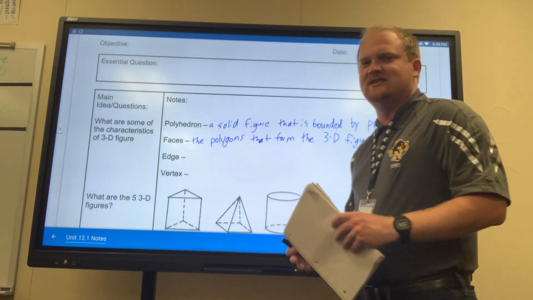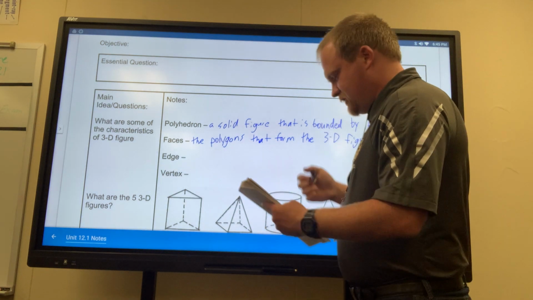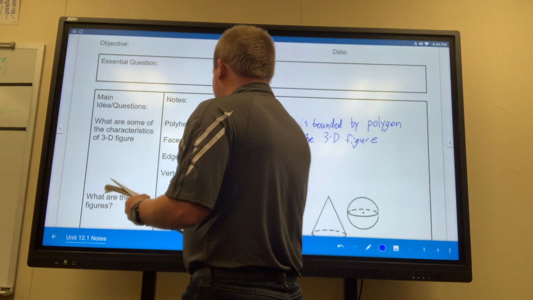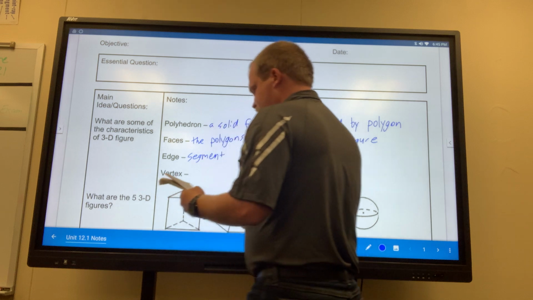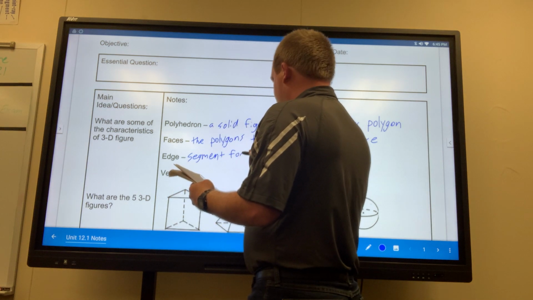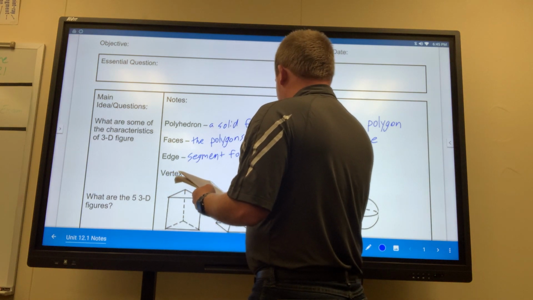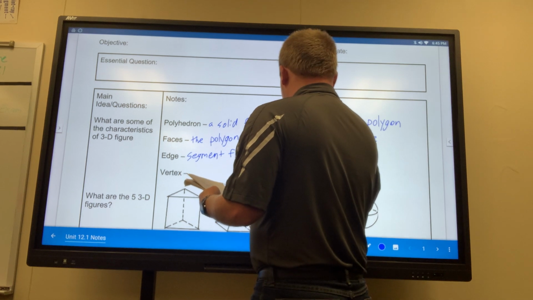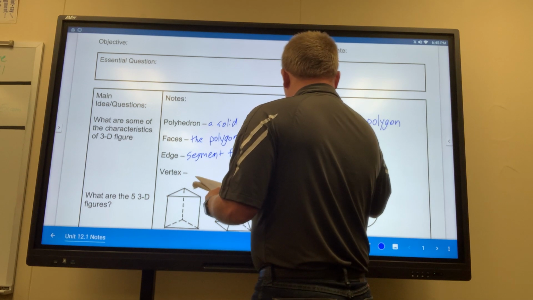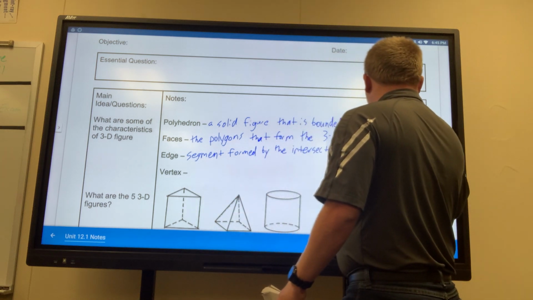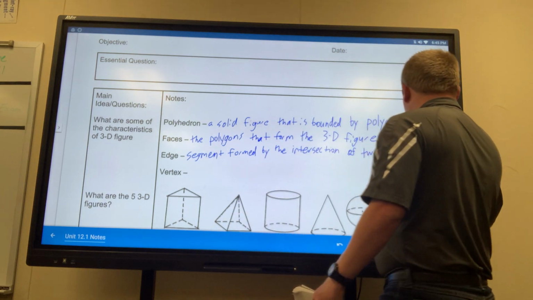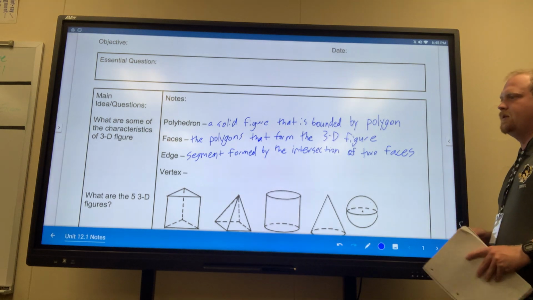We call those faces. Now, an edge is the segment formed by the intersection of two faces. All right.